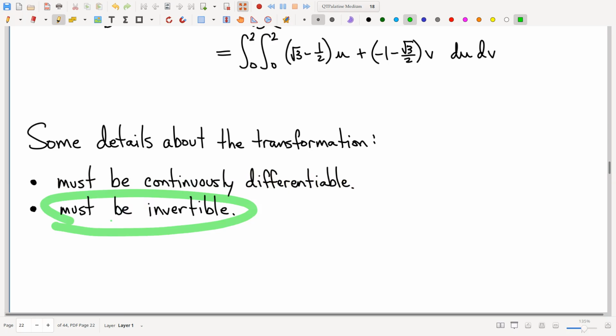But it does have to be invertible also. There is a nasty problem that can come up if your change of variables function is not invertible. So in other words, 1 to 1 and onto. So anyway, heads up about that. And if you're curious, if you'd like to hear more about what can go wrong if you don't have an invertible change of variables function, come talk to me in office hours. I'll be happy to show you a counterexample.